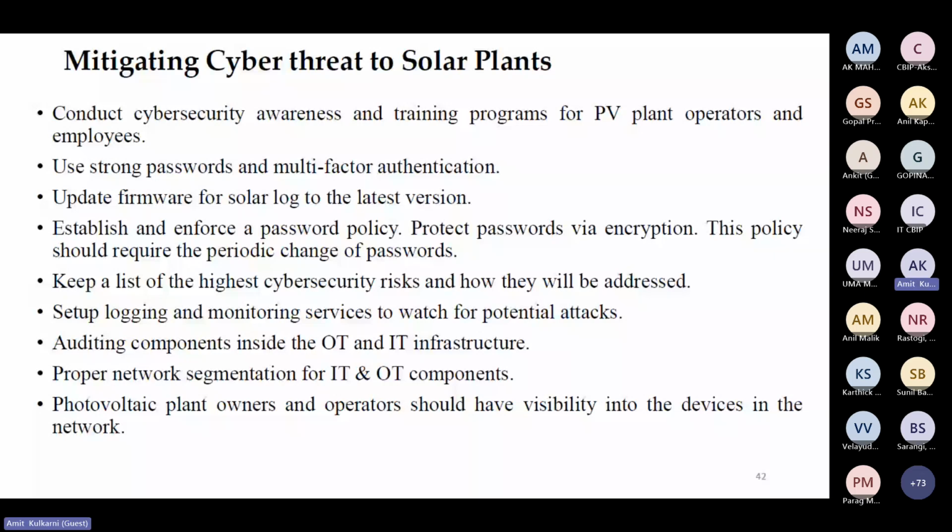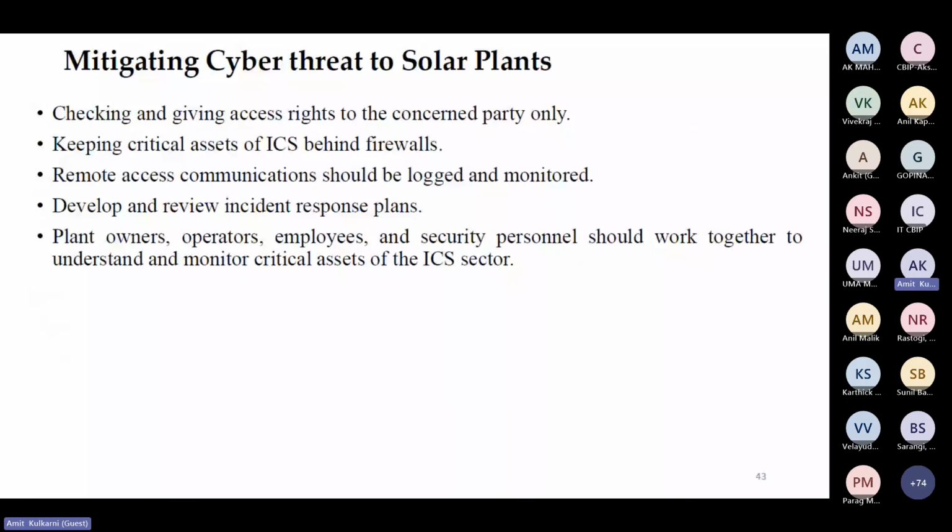Keep critical access of ICS behind firewalls. Remote access communication should be logged and monitored, and incident response systems should be developed and reviewed. The AAA system of operation, that is authentication, accountability and authorization, should be followed strictly.